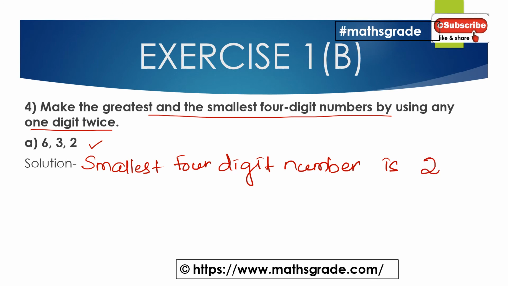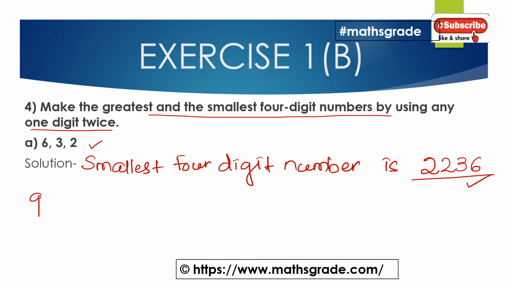We have to use one digit twice. So if we use the digit 2 two times, then it will be 2, 2, then 3, then 6. This is the smallest 4-digit number, 2236.